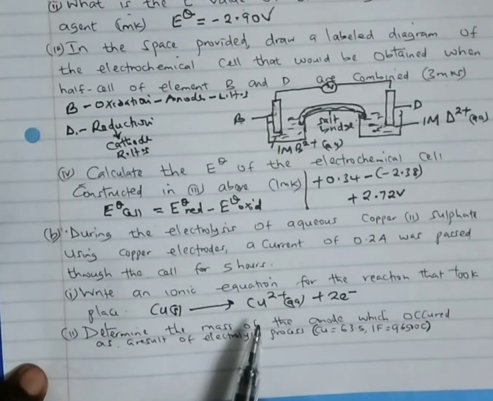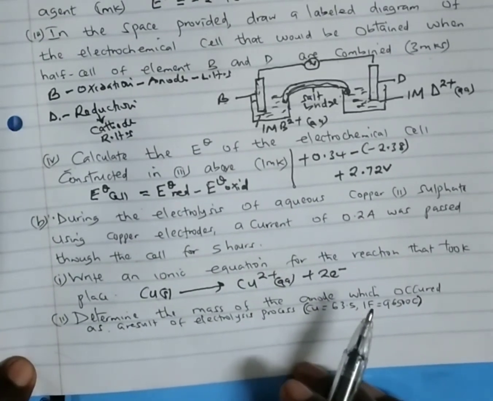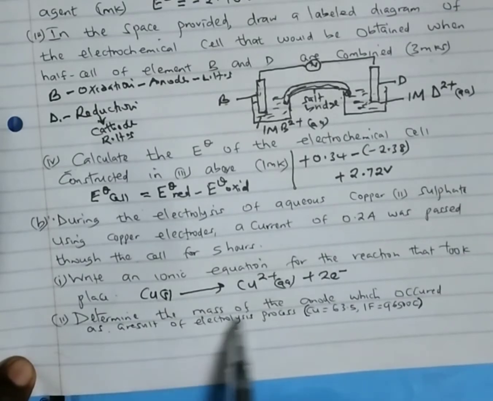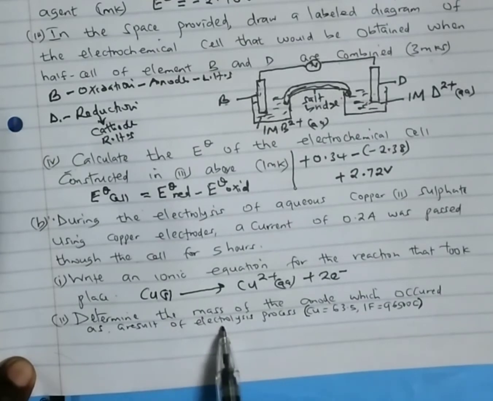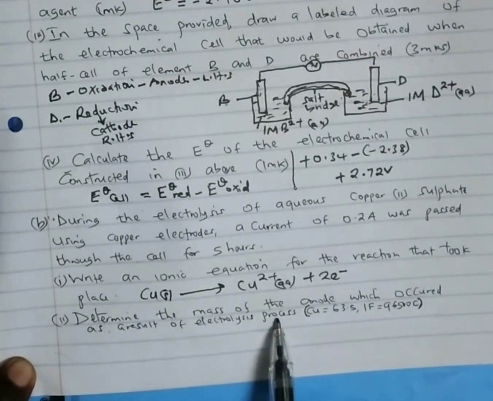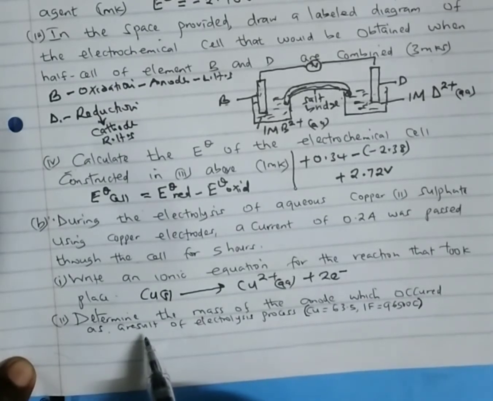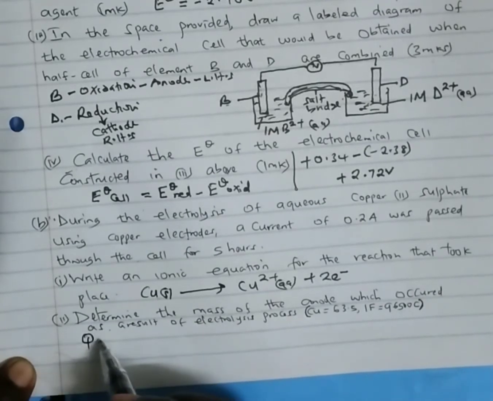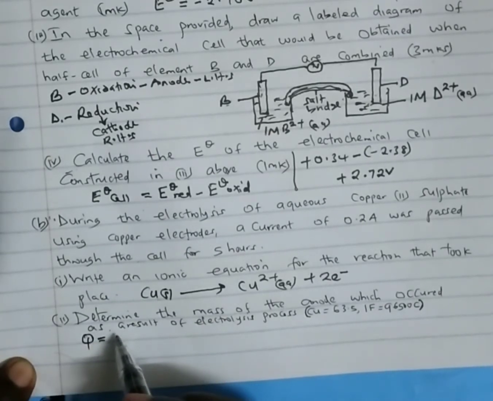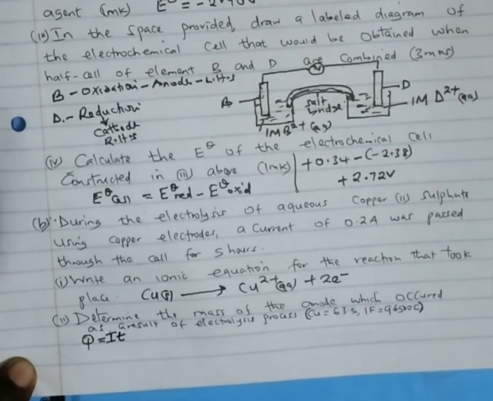The last one, which is Roman 2, determine the mass of the anode which occurred as a result of electrolysis of copper 2 sulfate. So what we know is that the first thing we need to calculate is the quantity of electricity that was passed through copper 2 sulfate, and the quantity of electricity is given by taking the current you multiply by the time.